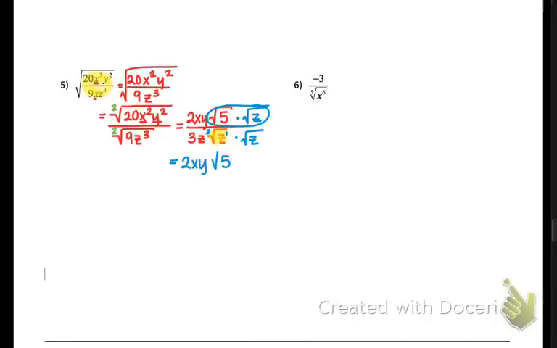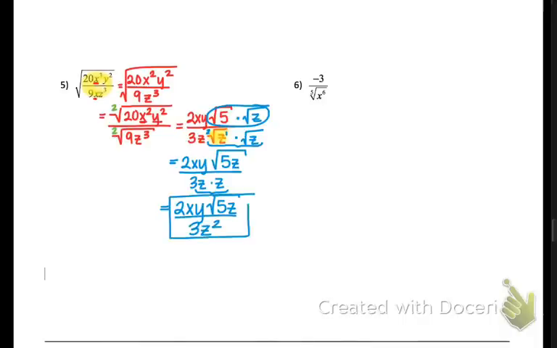But then I have the square root of 5z over 3z times, here's where we got to be a little bit careful. The square root of z times the square root of z gives us z, but then you'll notice that I have terms I can multiply together here. So our final answer will be 2xy times the square root of 5z all over 3z squared. No more radicals in the denominator, so that is completely rationalized.